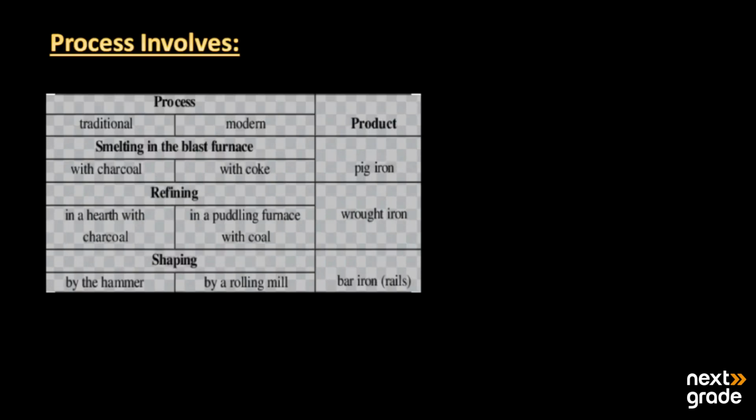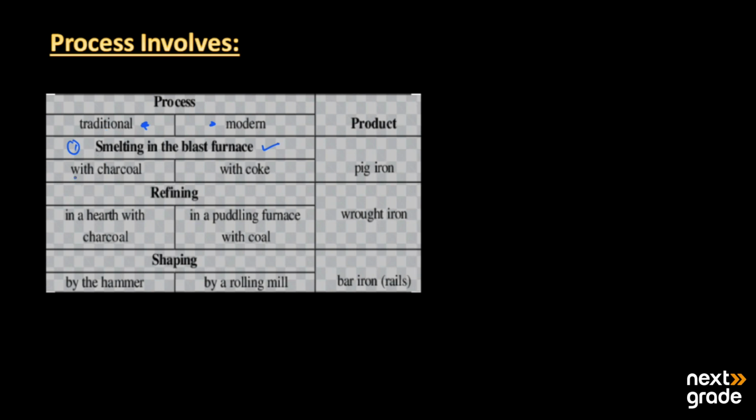Basically, there were mainly two processes. The first one was traditional and the second one is modern. Now, what is the main difference between the traditional and the modern way of forming wrought iron? In the first step, we use the smelting process that was done in the blast furnace. It was done for both traditional as well as modern methods.